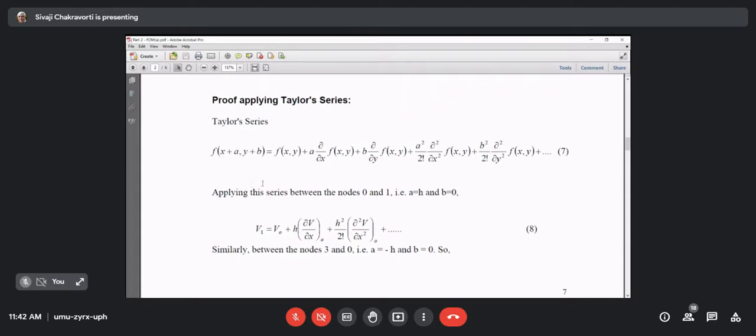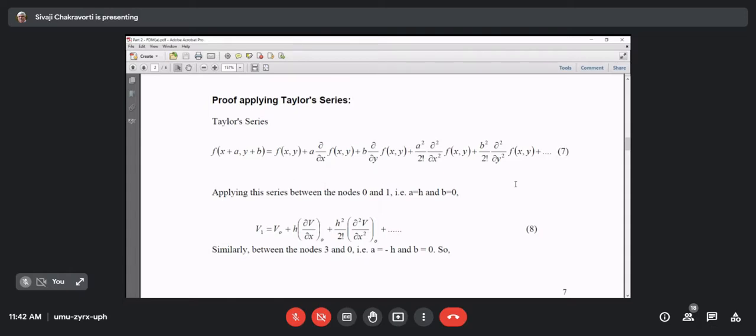Then what is x plus a and y plus b? a and b are two constants. So for the same set of value of x and y, x plus a and y plus b is a second point displaced from the first point, that is x and y, by a and b.